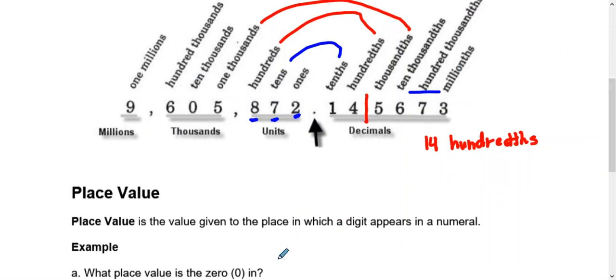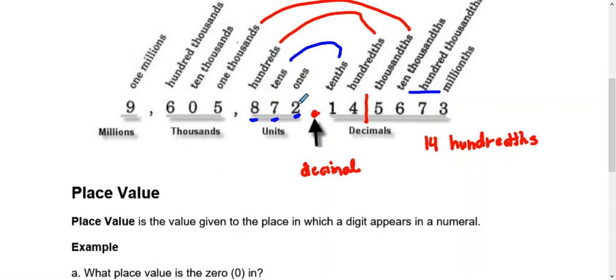Place value is the value given to the place in which a digit appears in a numeral. For example, if I'm looking at this numeral, I have to find my decimal place first. That's your key spot. If it doesn't have a decimal place, then the decimal is at the end of the number.